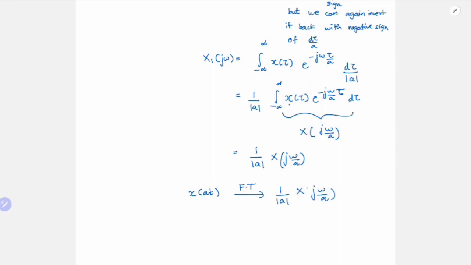So what you can observe here, the Fourier transform is decreased in frequency by a, right? So it is having a scaling in the amplitude and also in the frequency. So if t is multiplied with a, omega is going to be divided by a. So this you can also understand from the inverse relation between the time and frequency.